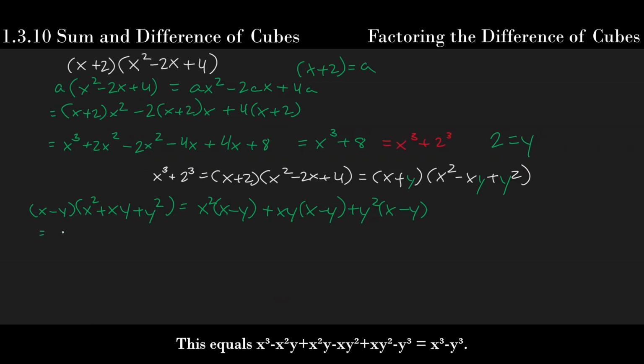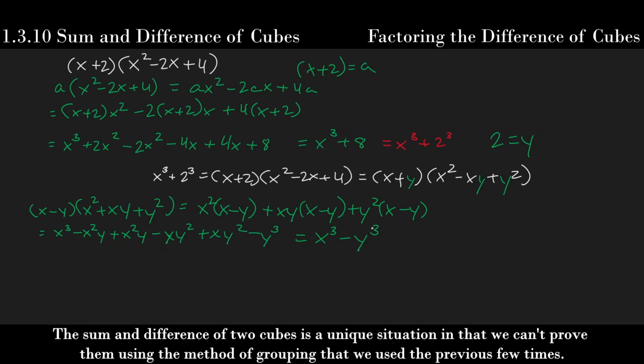This equals x cubed minus x squared y plus x squared y minus x y squared plus x y squared minus y cubed, which equals x cubed minus y cubed.